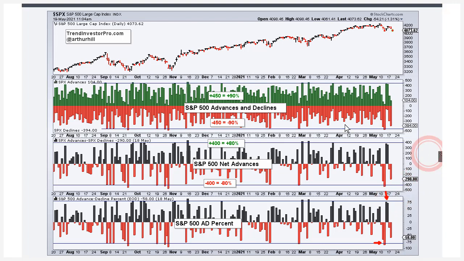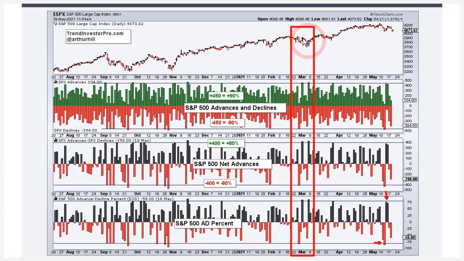And if we look at this period in late February and early March, it's a bit different. So here we get a -80% down day, a lot of selling pressure. So that's bearish. But then the rebound is immediately above +80%, a lot of buying pressure. And then we have another day of +80%.